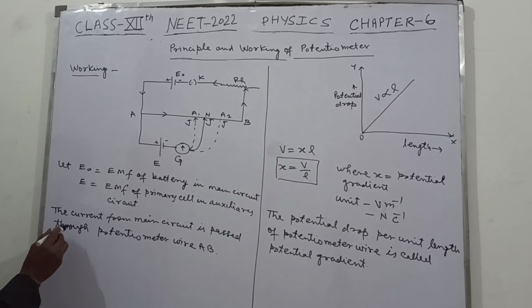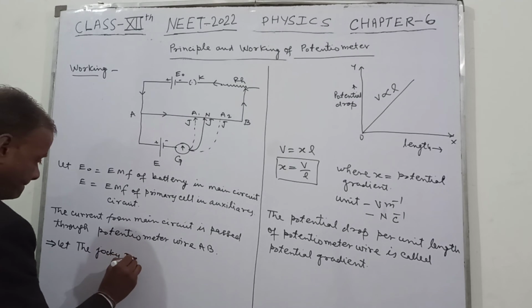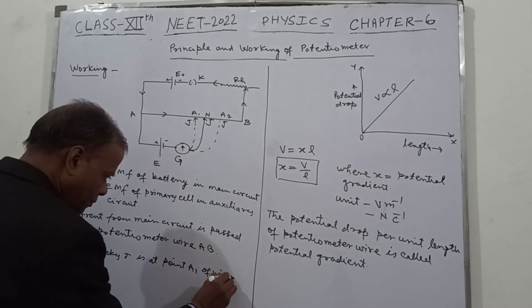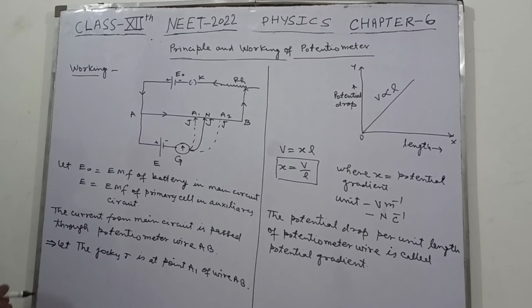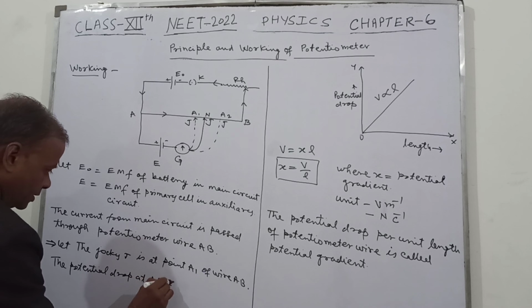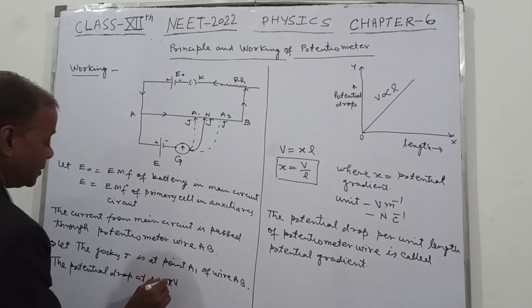Now let the jockey J be at point A1 of wire AB, and the potential drop at A1 is equal to V. Let me take it to be now V1.